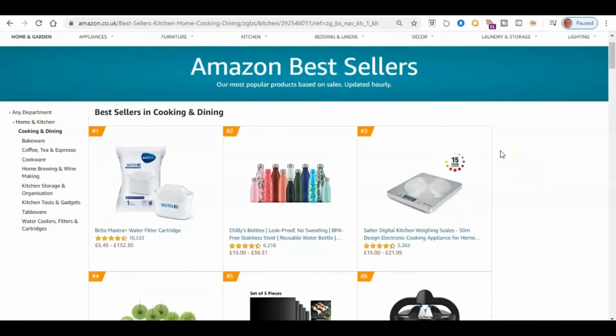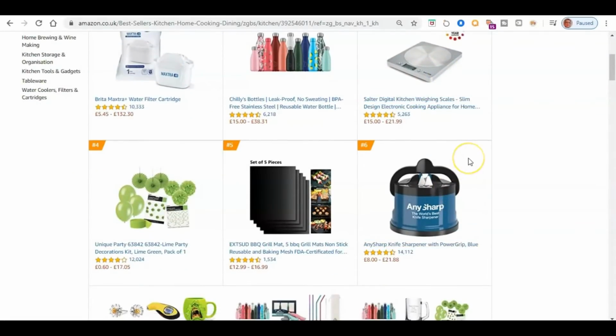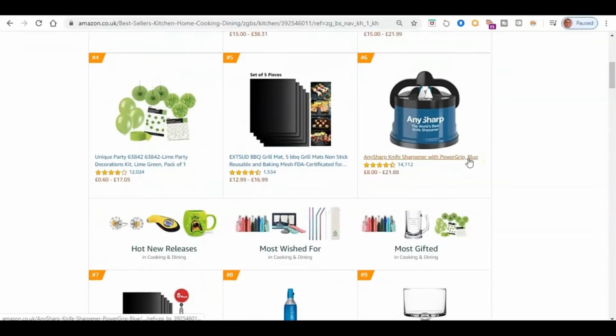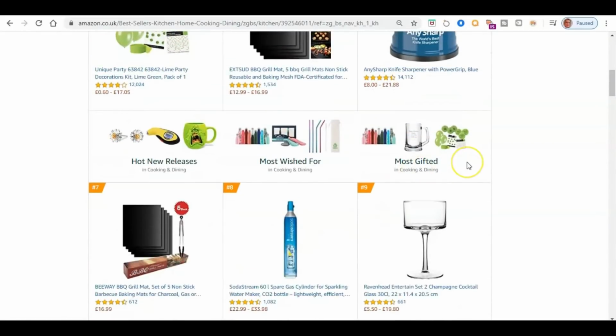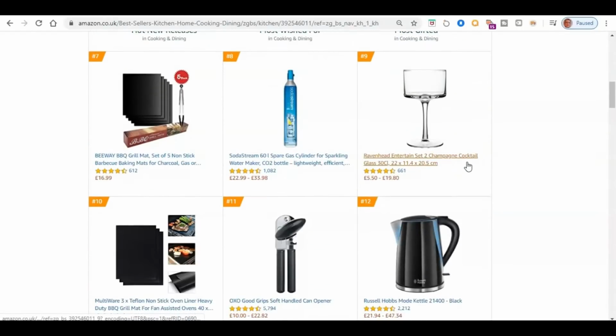So, okay, we've got some interesting bestsellers here. Of course, sometimes it might be seasonal, that you may find certain items are more popular than others. We've got party kits there, which I'm not necessarily going to sell. And what you do want to make sure is that you stay away from selling things like kettles, because you might start competing with people like Wayfair, as well as Amazon, of course.